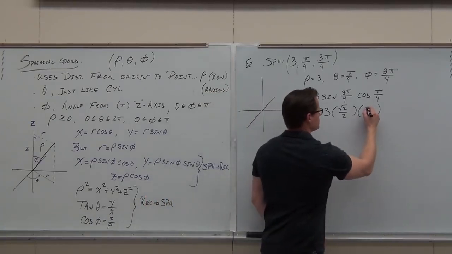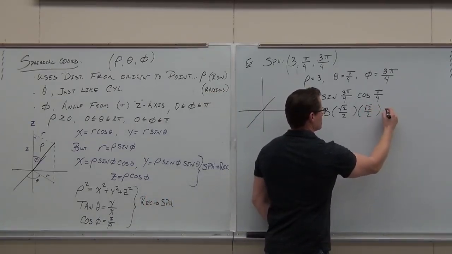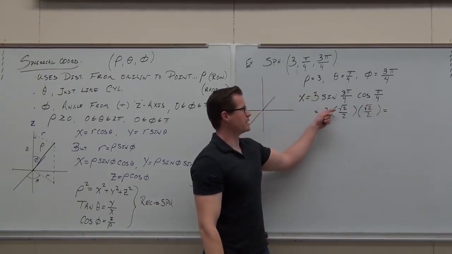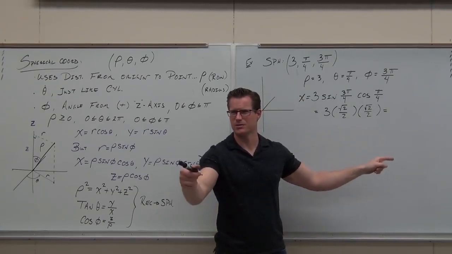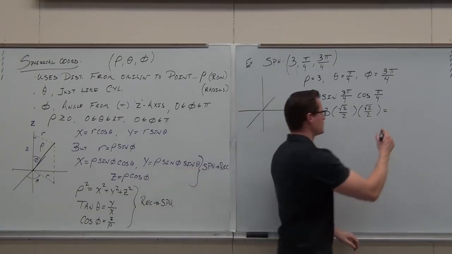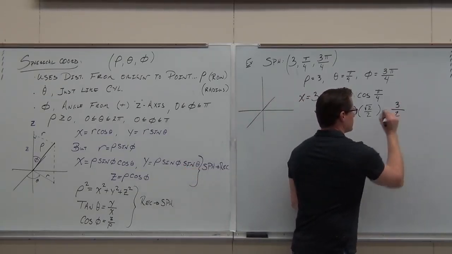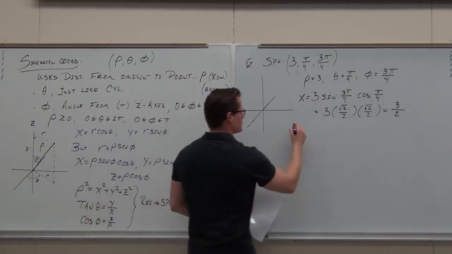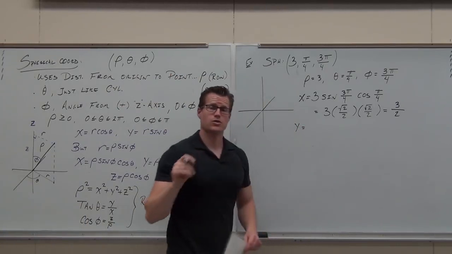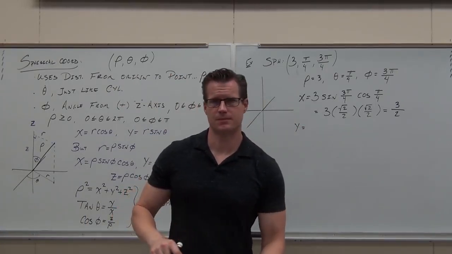Root 2 over 2. Which means that we get 2 over 4, it's 1/2, times 3. Looks like we get 3/2. Can I get a double check on that work? Try the y, try the z. Go for it.